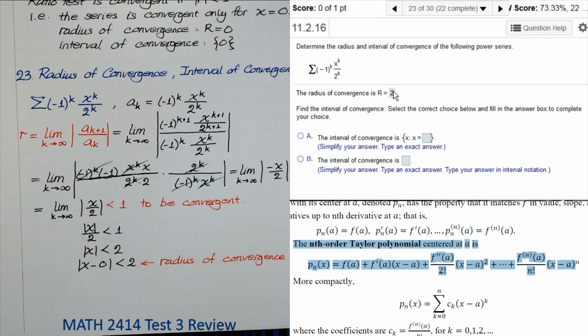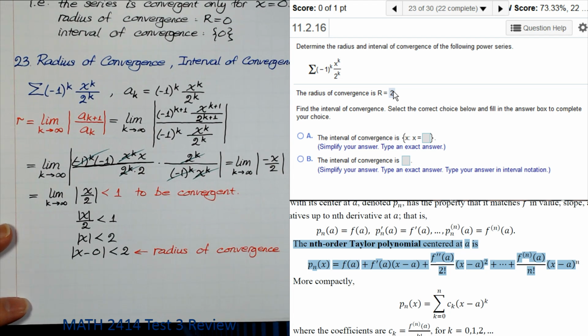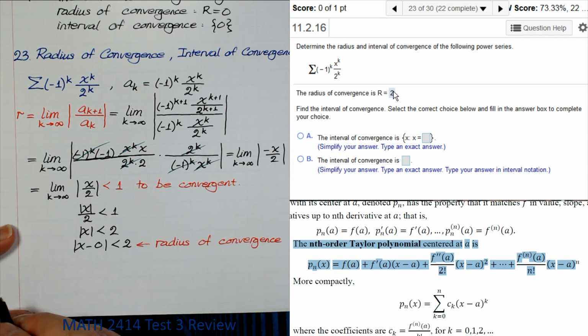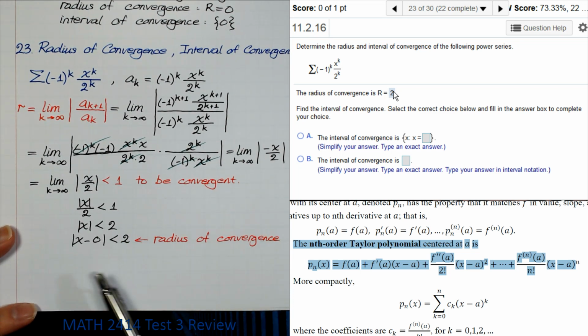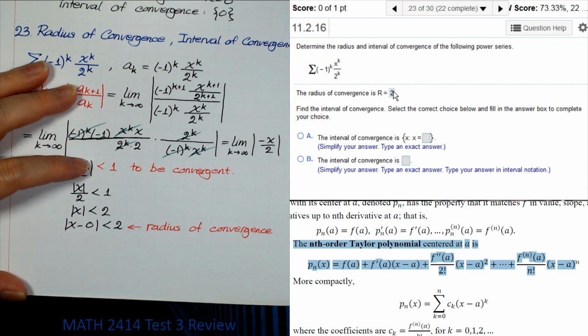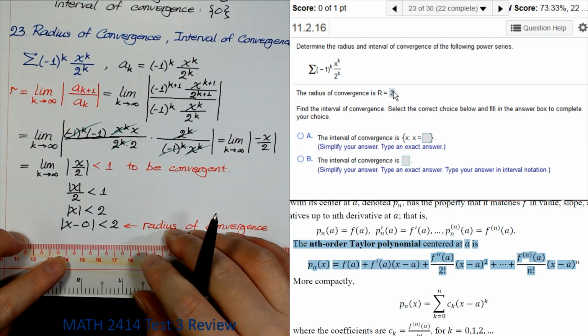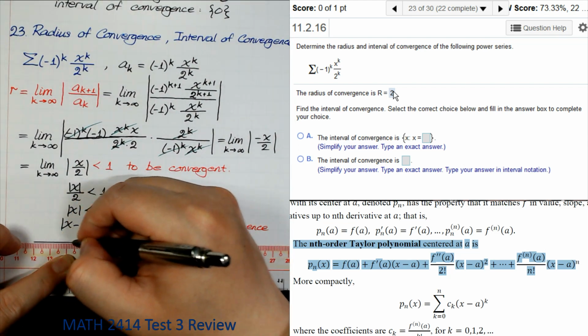Right. Next, find the interval of convergence. Now this is a lot more work. So the radius of convergence is 2. By the way, if we're going to solve for it, we're going to draw the line, and I think it is always much better to visualize this.